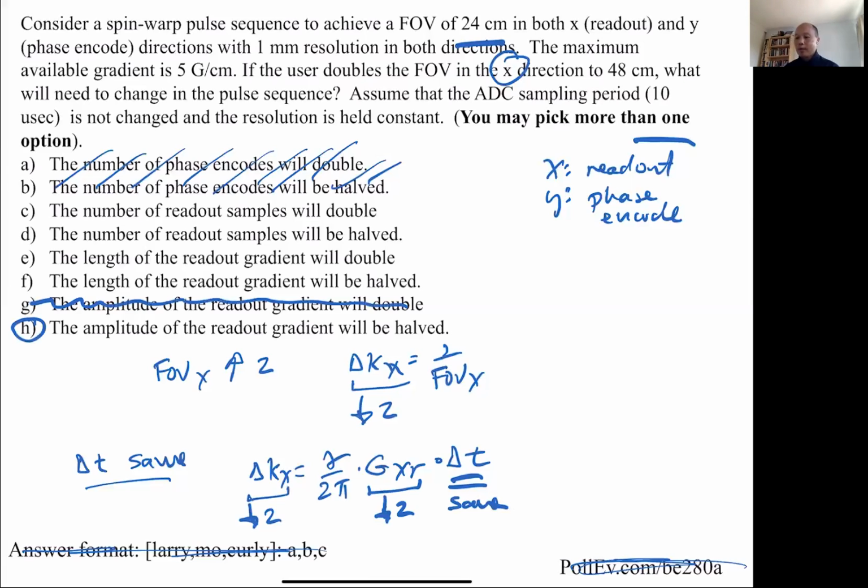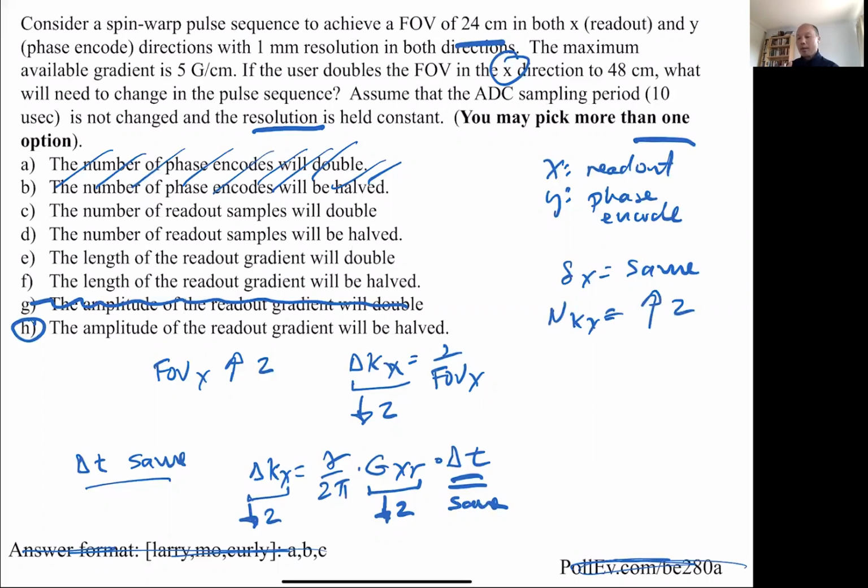Now we're left with the number of readout samples and the length of the readout. Let's think about the number of readout samples. The resolution has been kept constant, so delta x is the same. The FOV has gone up by 2, so the number of kx lines must also have gone up by a factor of 2.